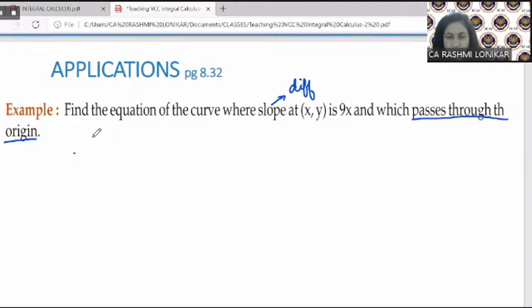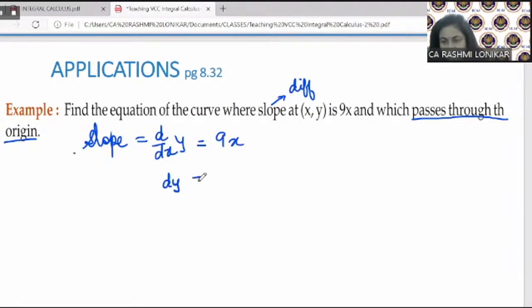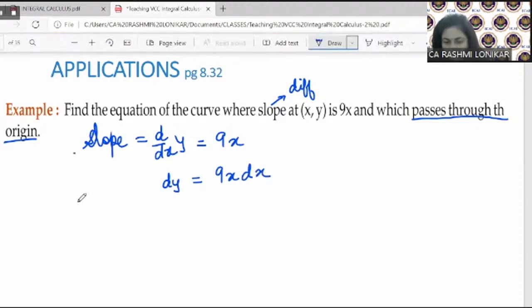So, what is given to me is given as slope. How do I write slope? Slope is written as d by dx of y. Okay. D by dx of y is given to me as 9x. Right. So, this means that dy is equal to 9x dx.